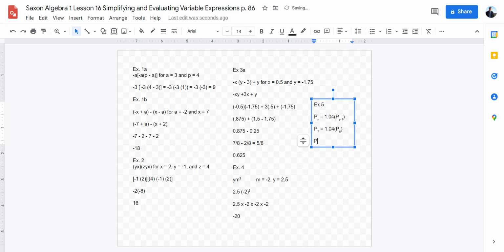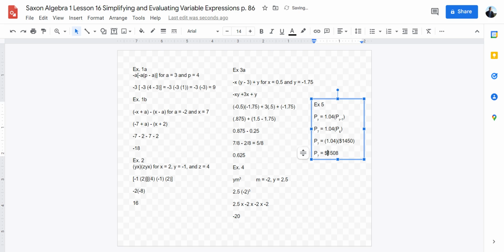That means the principal in year 7 is going to equal 1.04 times, and then what was my principal? $1,450. I'm just going to write it out like that. I didn't put the cents in, although there might be cents after I do the actual multiplication. So now I find that P_7, once I've done the math, equals 1.04 times 1,450, which is $1,508.